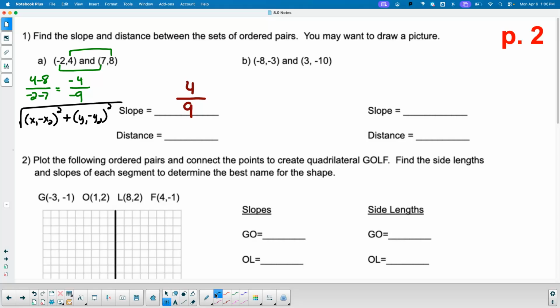So this would be here then, negative 2 minus 7. Well, that's going to be that negative 9. 4 minus 8, that's going to be that negative 4. It comes out of the slope formula, actually. Negative 9 squared.